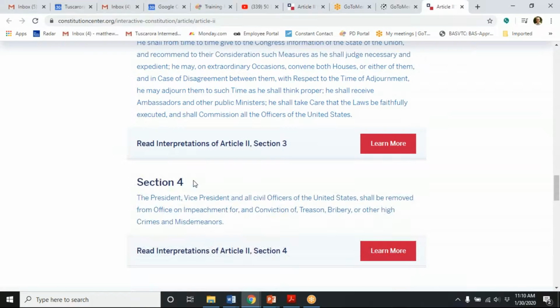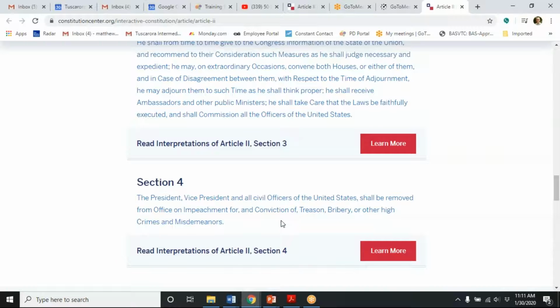And Section 4, and this is very much in the news: the President, Vice President, and all civil officers of the United States shall be removed from office on impeachment for and conviction of treason, bribery, or other high crimes and misdemeanors. As I'm sure you're aware, President Trump has been impeached by the House of Representatives, as we've touched on, and currently, as we speak, he is on trial.